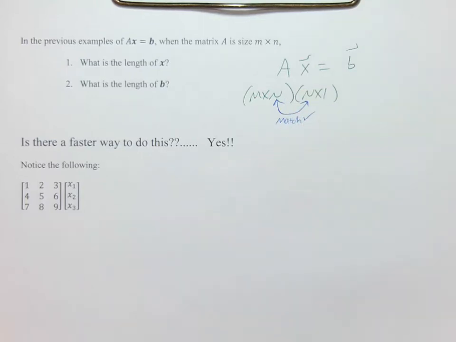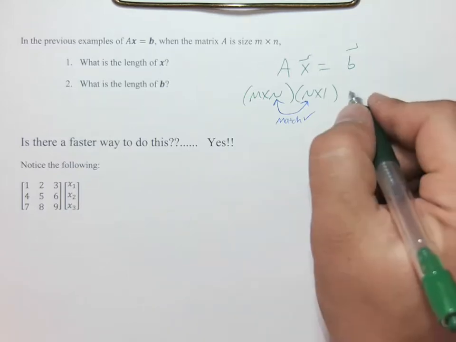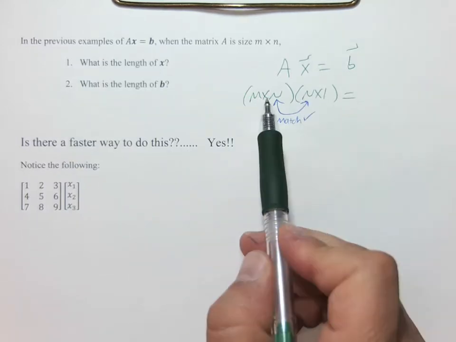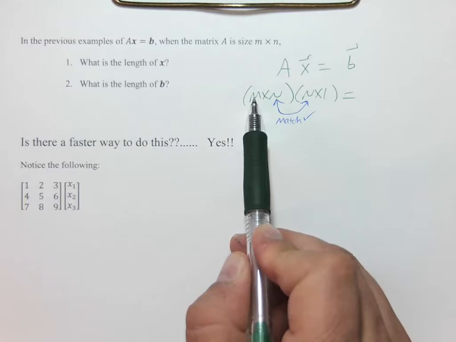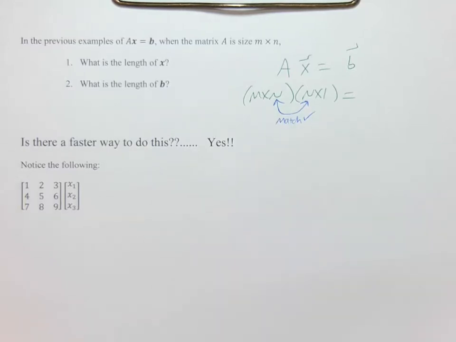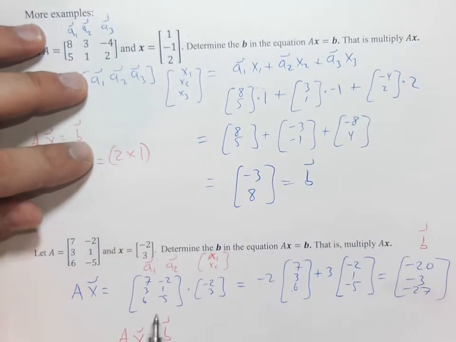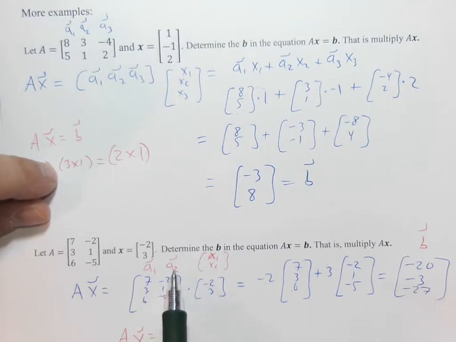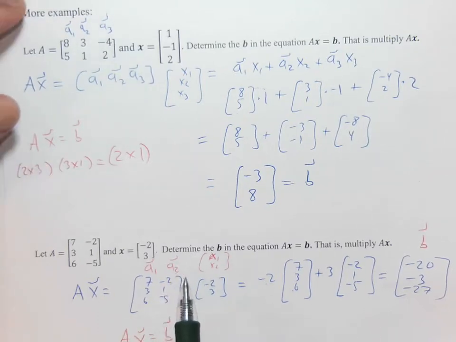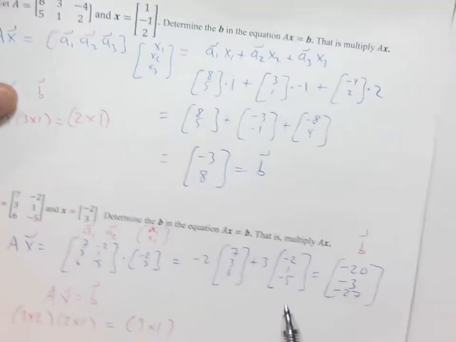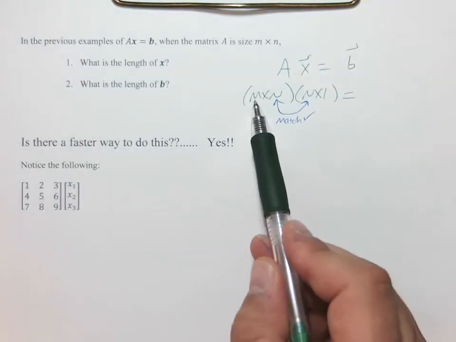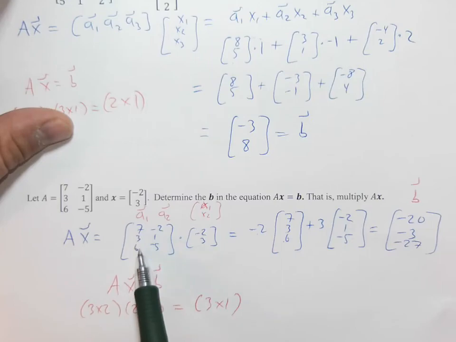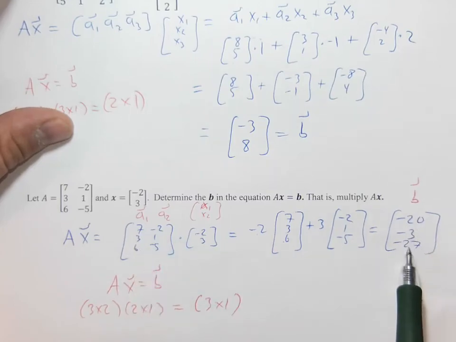And then in every situation, what we ended up with was a column vector that has m rows. I'm sorry, I meant not the number of columns, but the number of rows in A. m is the number of rows. So A had 3 rows, and so we ended up with an answer that had 3 rows.